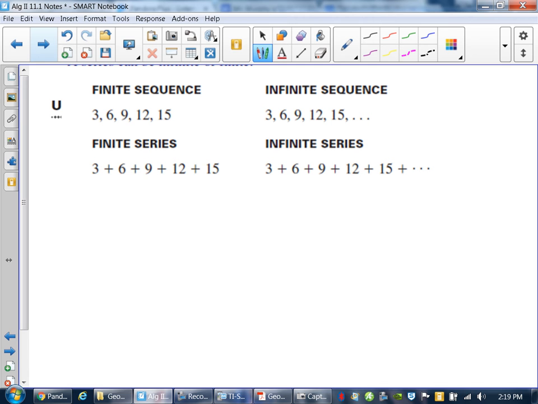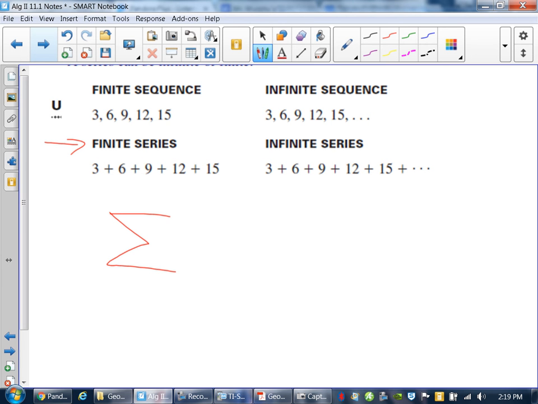So what we use is called summation notation. A finite series is just taking a sequence and adding all the values of the range up. So we use sigma. The Greek letter sigma in math stands for sum, and sum means addition.